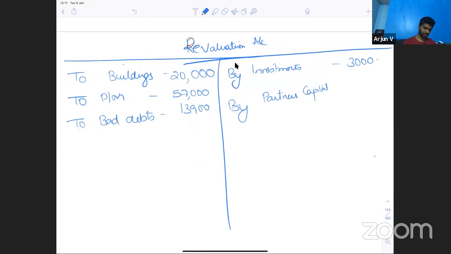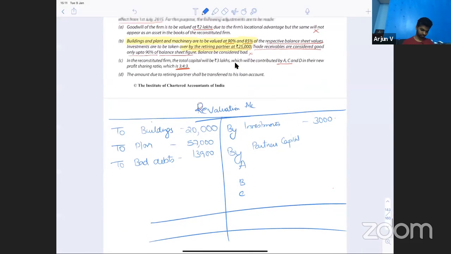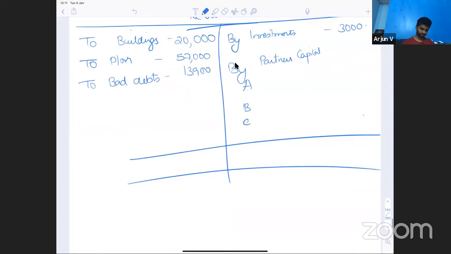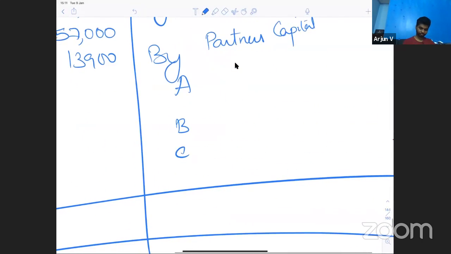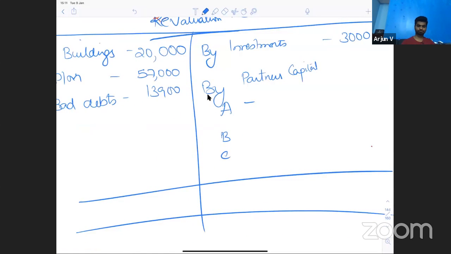By partners' capital accounts A, B, C. The loss amount is 87,900.